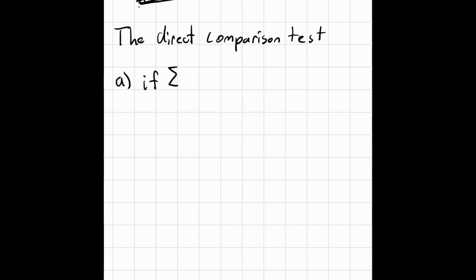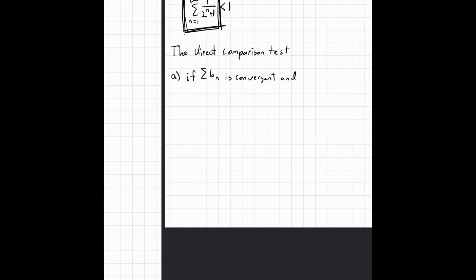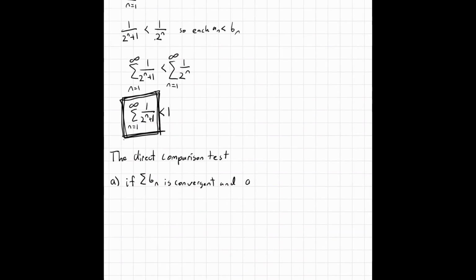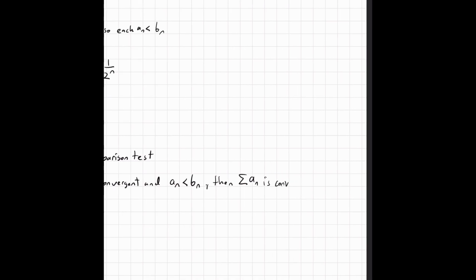If one sum is convergent, and the terms from another sum are smaller, then the sum with a smaller term is convergent as well.